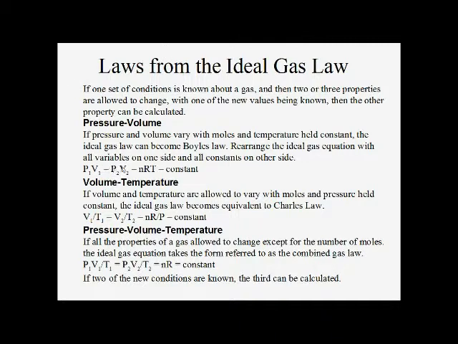So if we take the ideal gas law, PV equals nRT, and set moles and temperature constant, that means nRT is equal to a constant, so PV is equal to a constant. So that allows us to have initial PV equals final PV. It'll work for Charles' law, Gay-Lussac's law, Avogadro's law. All these will come out of the ideal gas law.